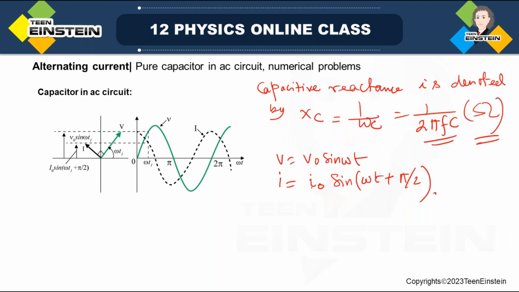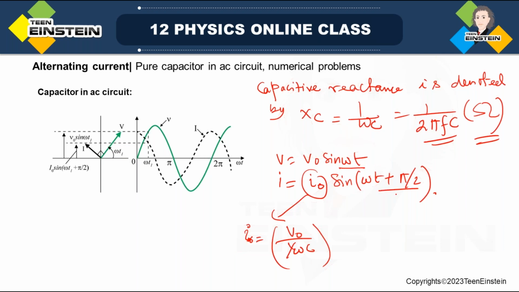So we see this term here, V0 by 1 over omega C. I0 is equal to, and see here what happens.